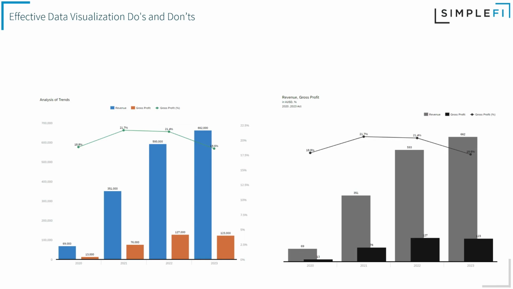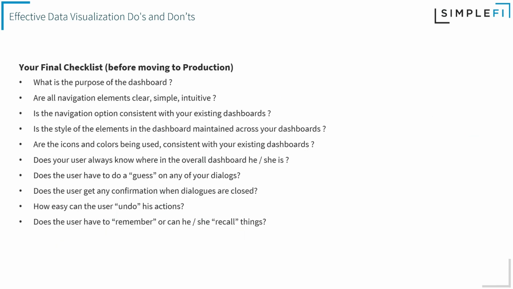So, coming to an end, remember I talked about the final checklist. Before you push the dashboard into production, go back to your notations, go back to the guidelines that you agreed on. Check the colors. Check whether you used the same icons for filtering, for printing, for export. Is the filter on the left like we agreed on, or did we put it on the right and we have to change this?